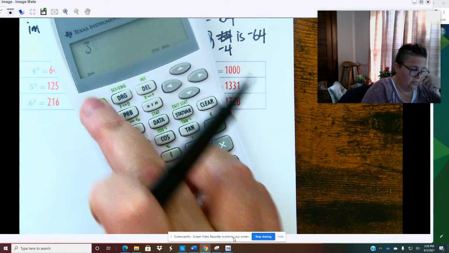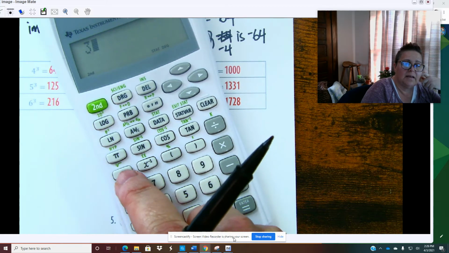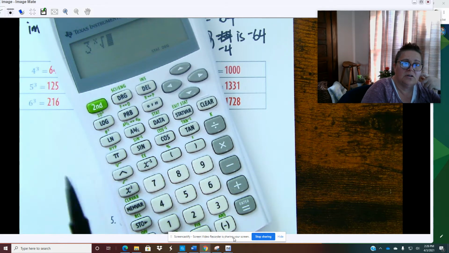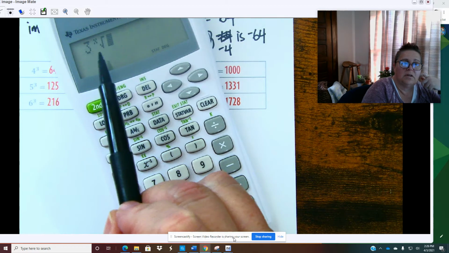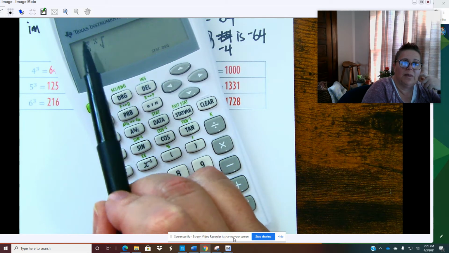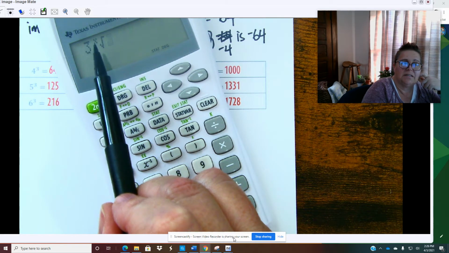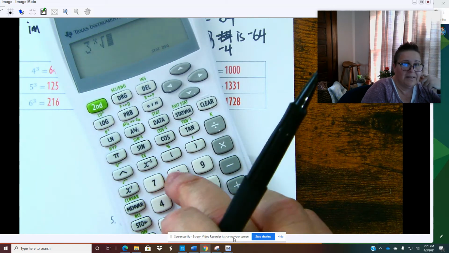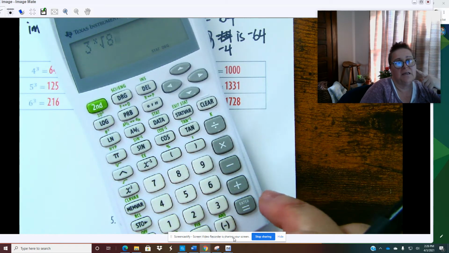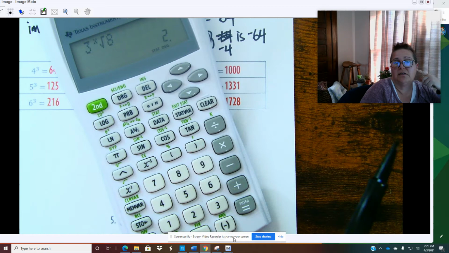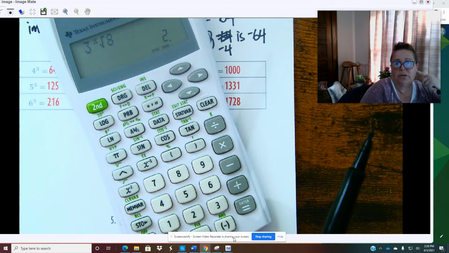Then we're going to shift, green button, and then I'm going to get that X radical. So what the calculator is going to do is put that 3 in where the X is. So it's going to give me the cube root, and then I can just type in my 8. So it's going to give me the cube root of 8, which is indeed 2.